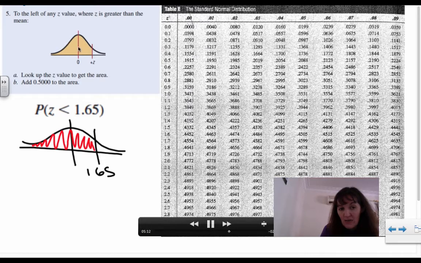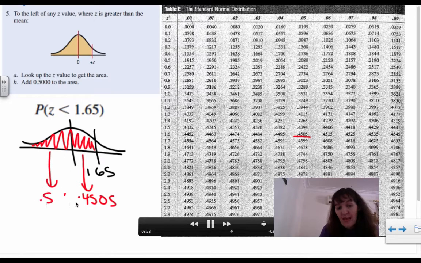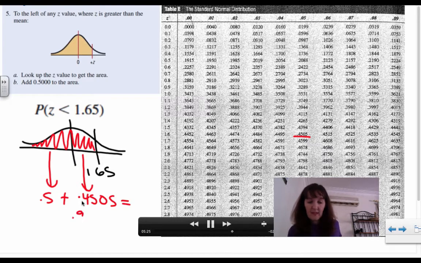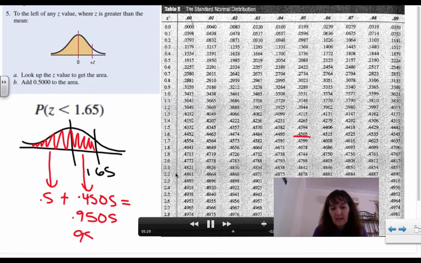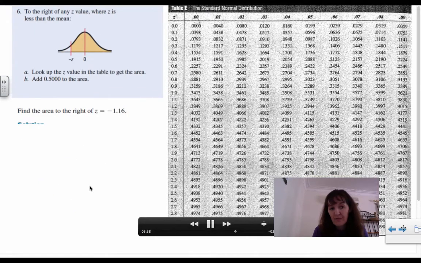Keep in mind that this whole area is half, and then I get whatever this is. So 1.65 is 0.4505, and this area is 0.5, so I'm going to add them together. That gives me 0.9505, or 95%. So this is actually a pretty big probability that something will fall within that z-score.